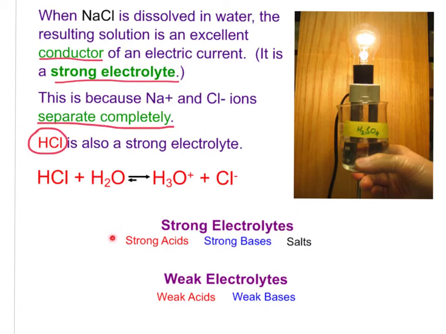So things that are strong electrolytes would be salts, we already knew that, strong acids and strong bases because of the property and by definition, a strong acid and a strong base, when it's put into water, will almost completely dissociate. Weak electrolytes would be weak acids and weak bases because they do not dissociate very much. They have some weak electrolytic properties.